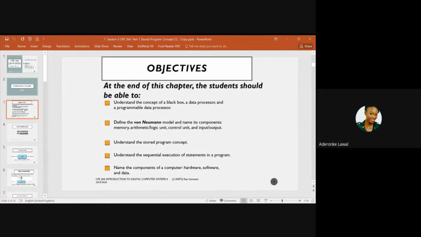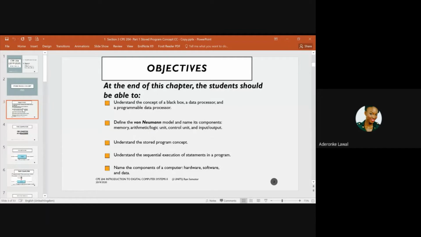So at the end of this class, you should be able to define the von Neumann model and its concept and its components. So if I ask you what is the concept of von Neumann, what is the von Neumann model, you should be able to explain it to me. You should be able to use diagrams if necessary.